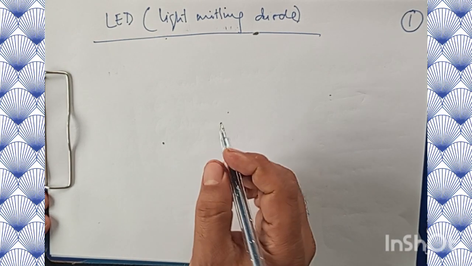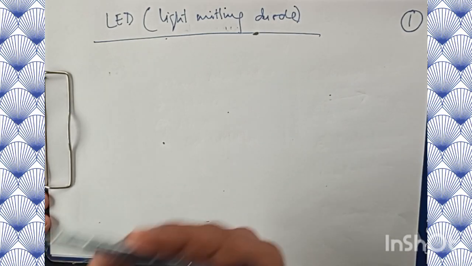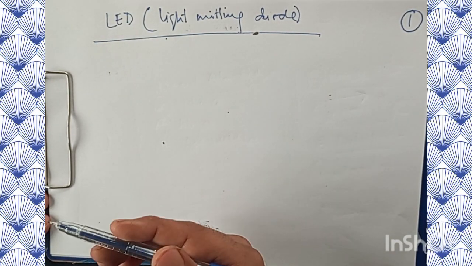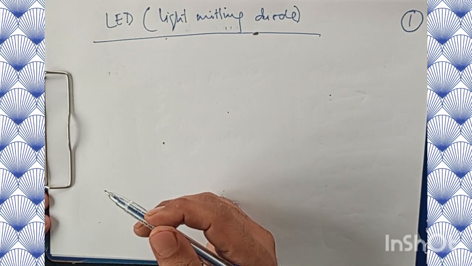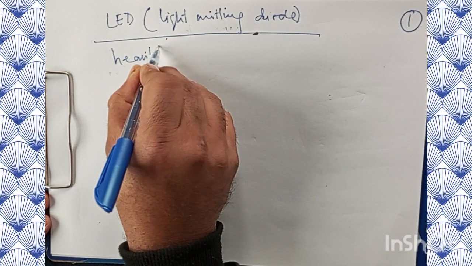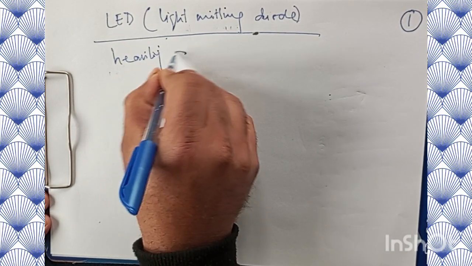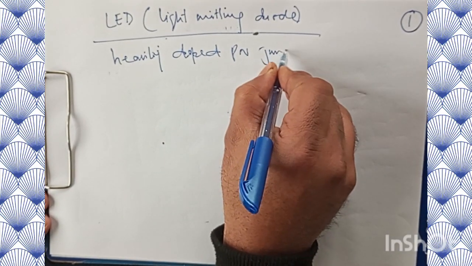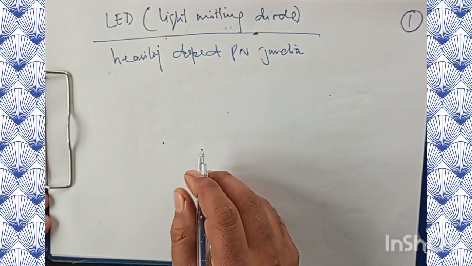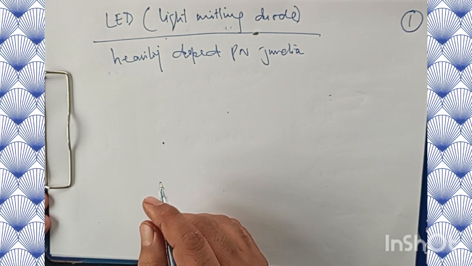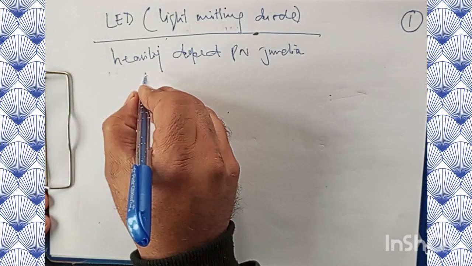Now, to start with this, I would call this LED a specially heavily doped PN junction, which emits spontaneous radiation when forward biased.